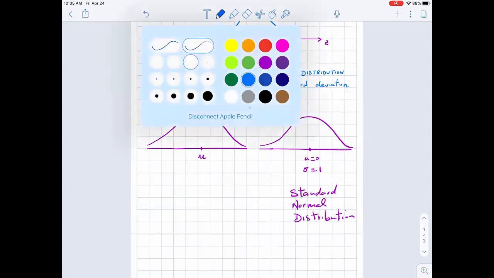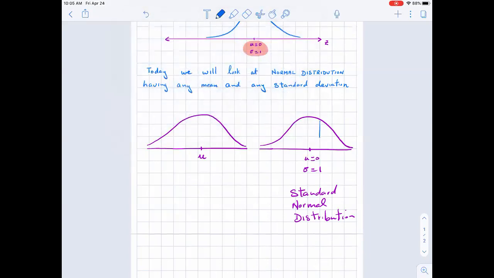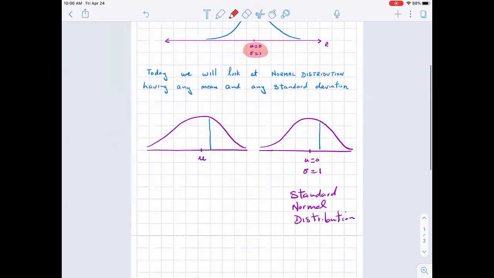So if you look at this, remember the probability: the probability is usually the area of the shaded region.